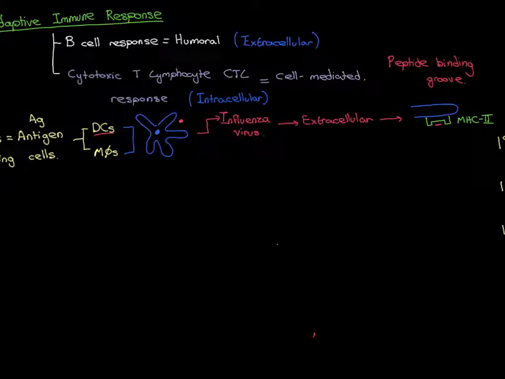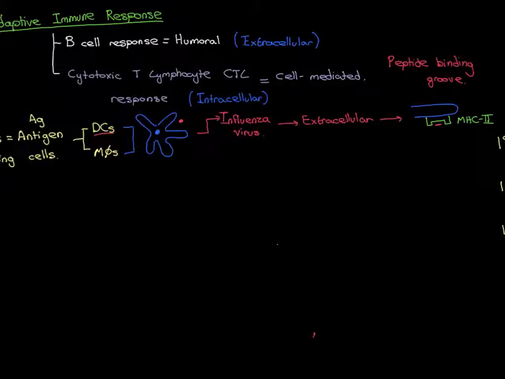Think now. These antigen-presenting cells, if they want to decide that they're going to initiate the intracellular response, they need to somehow know that the pathogen is intracellular. How might they know that? What have I told you gets phagocytosed by macrophages and neutrophils and actually also by dendritic cells, even though I didn't tell you that at the time?